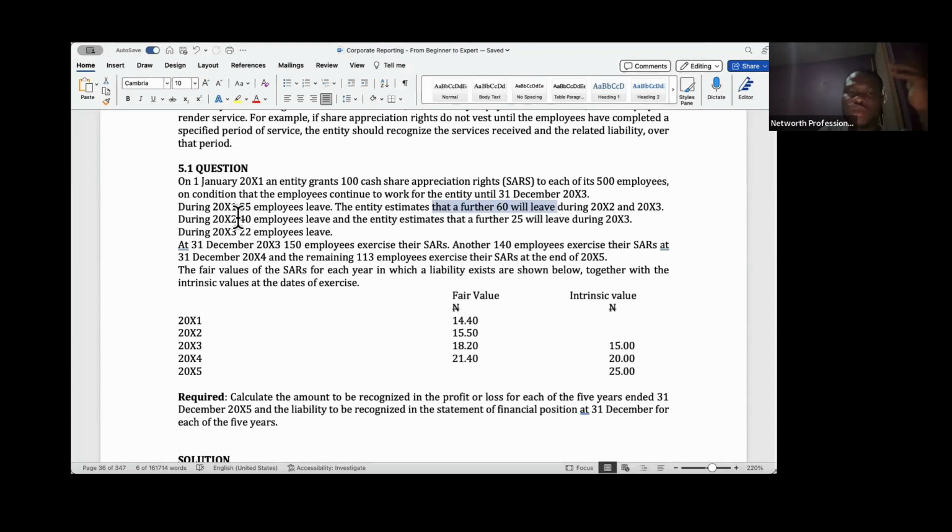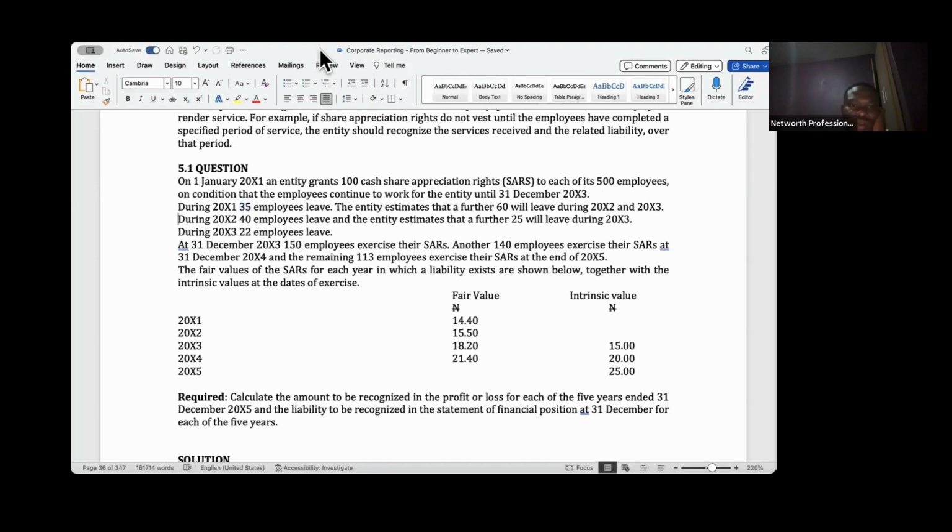And what we are actually interested in is the estimate of total departure. So the estimate of total departure is the 35 that actually leave and the additional people that will leave. So that's 95. That means what is remaining is going to be 405. Okay, that's good. What about 2002?